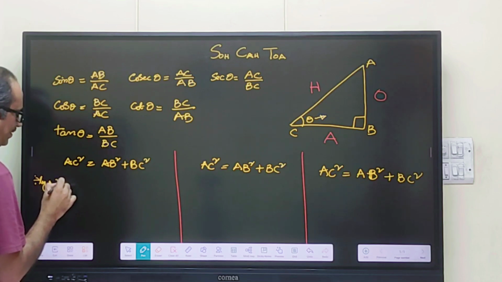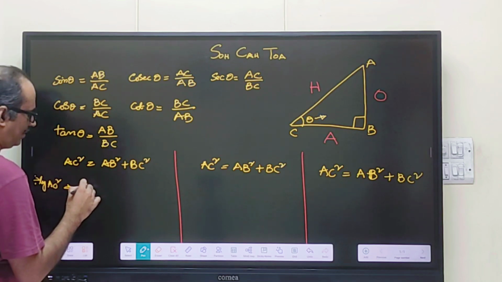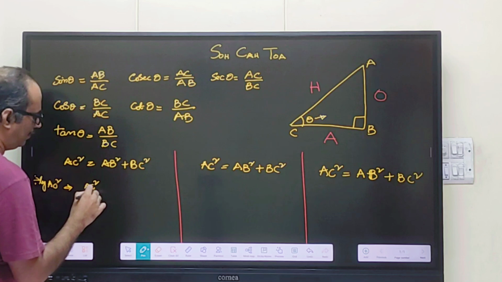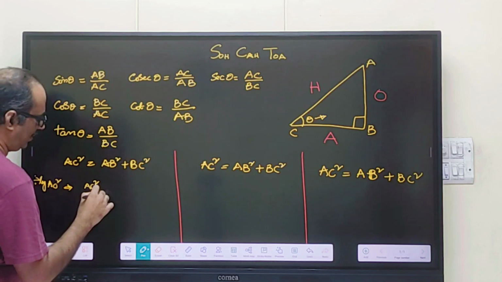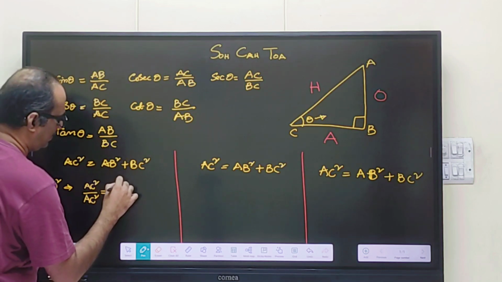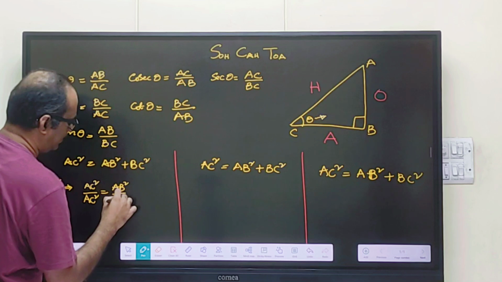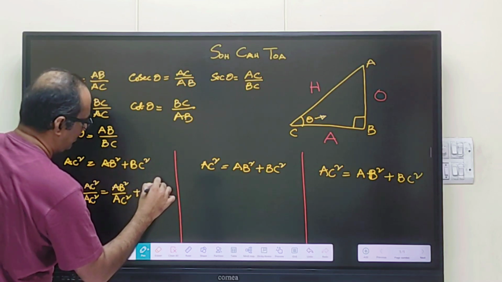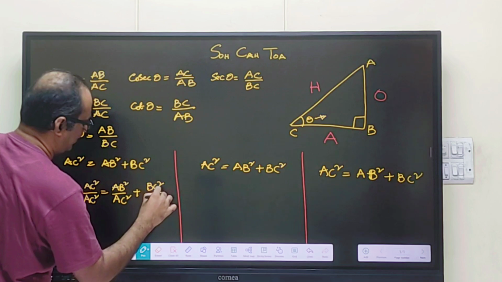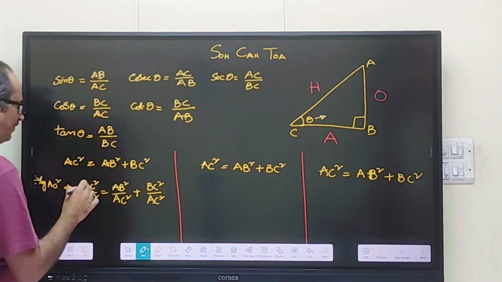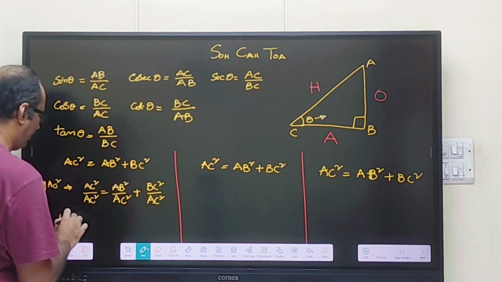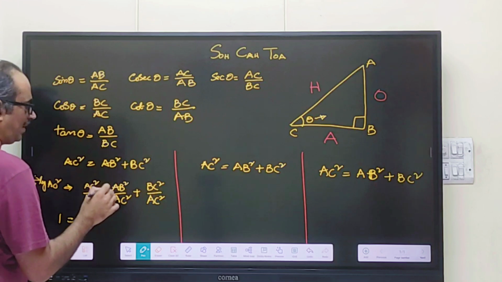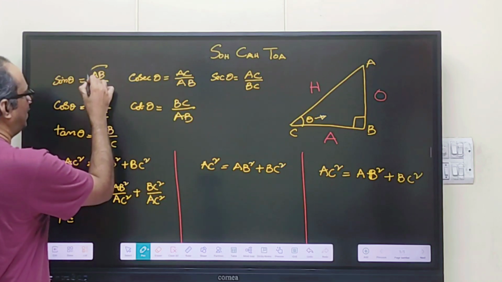Divide by AC square, we will get AC square by AC square equals AB square by AC square plus BC square divided by AC square. AC square by AC square will be 1 equals AB by AC, where is our AB by AC?